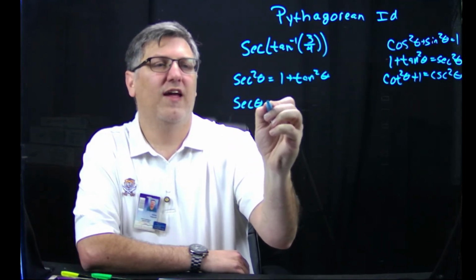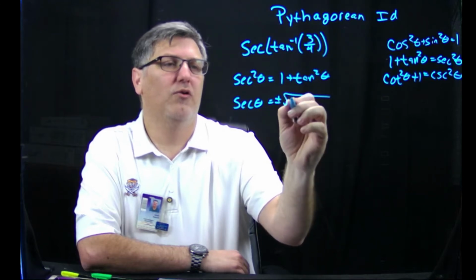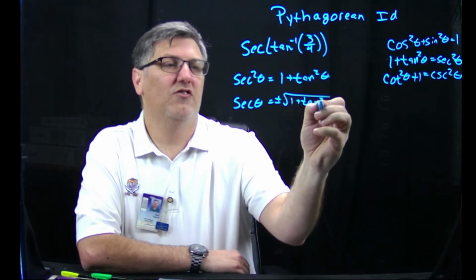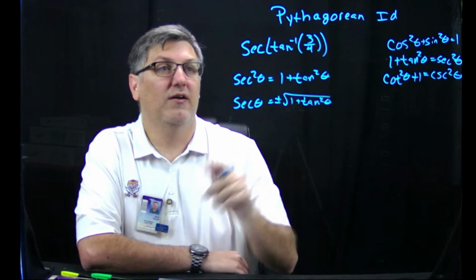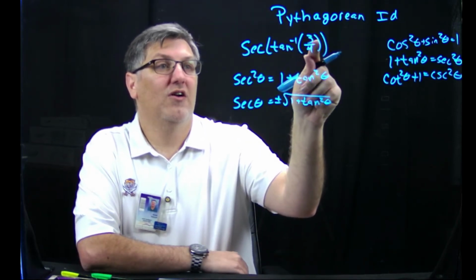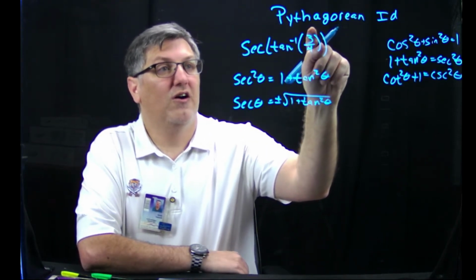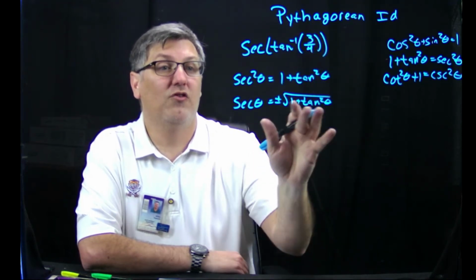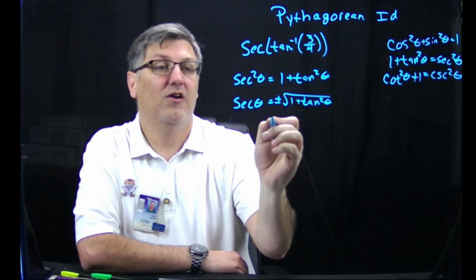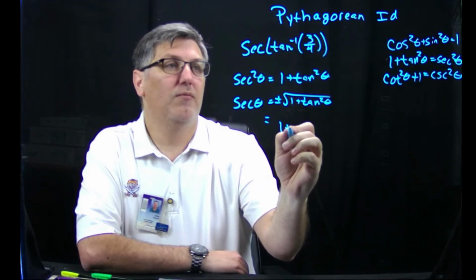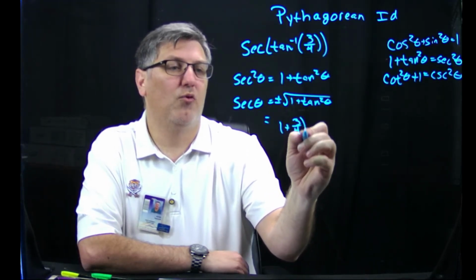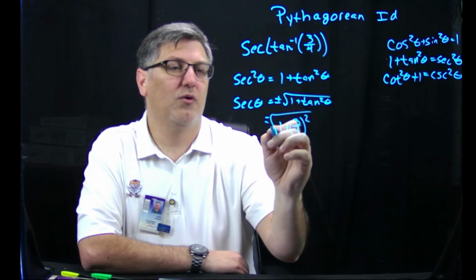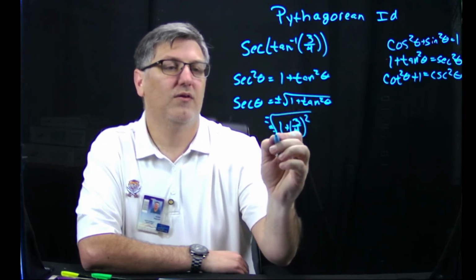So secant theta equals plus or minus the square root of 1 plus tangent squared theta. Arctangent of 3/4 is my theta, so really my tangent is 3/4. Now I can just plug this in and solve. I can do 1 plus 3 over 4 squared, and I'm going to take the square root, plus or minus.